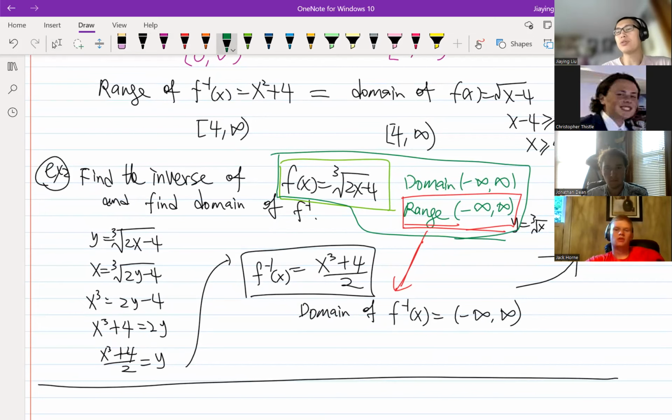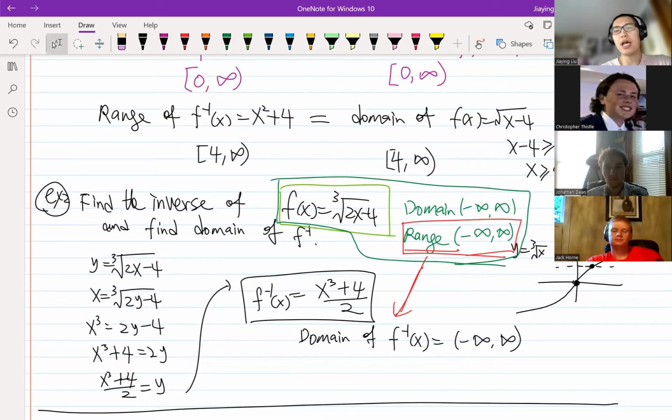But we can use the range of f of x to find the domain of the inverse function, because the function is 1 to 1. Good question. You're right. If we do need to find the range of the inverse function, we can just look at the domain of f of x, which is, again, just negative infinity to infinity. Good question.